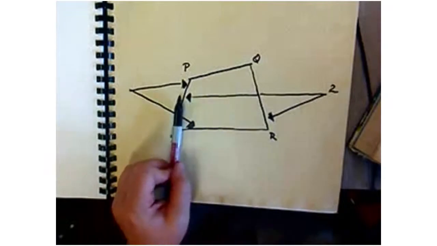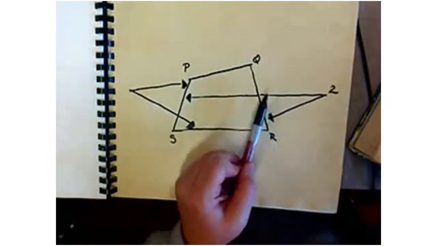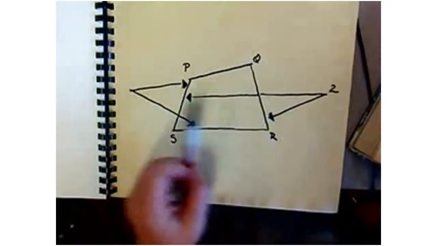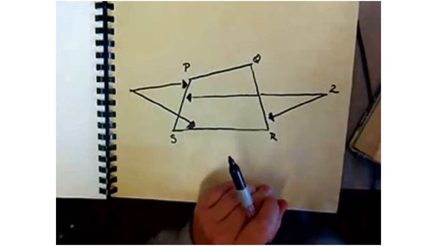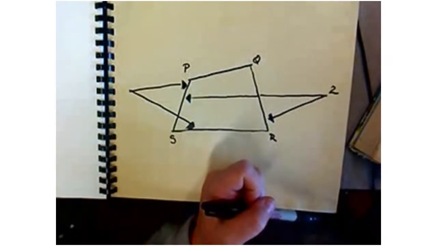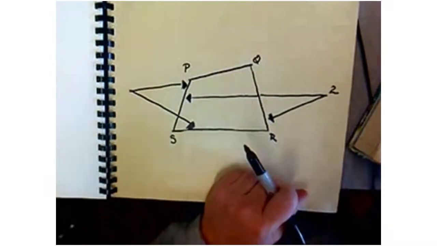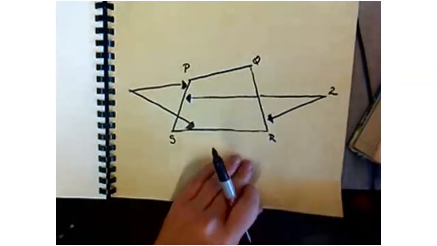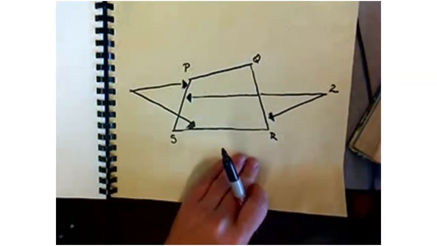We have to jump across our quadrilateral to get to the other side. So they're non-consecutive. We also call these opposite sides. That's a more familiar term, to say PS is the opposite side of QR or RQ. So you have to learn to identify your consecutive sides and your opposite sides from drawings and from just labeling.